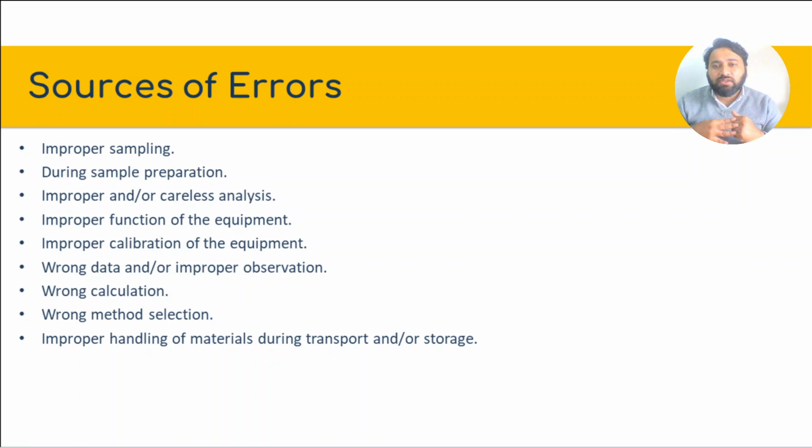Wrong method selection: if you have to choose acid base titration but you choose non-aqueous titration, there might be chances of some errors. Improper handling of the material during transport or improper storage can also cause errors.